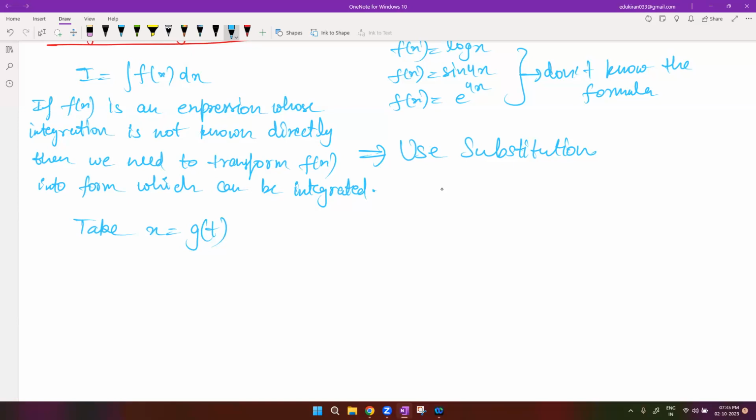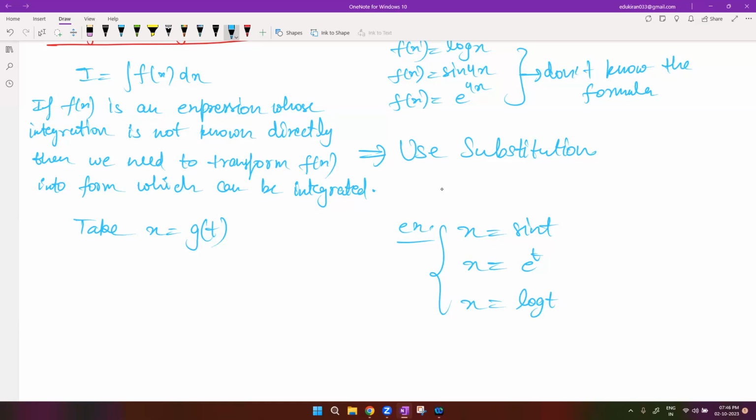For example, you can take x as sin t, or x as e to the power t, or x as log t. You can take anything. These are the examples. So take x equals g(t), replacing x with some other function.